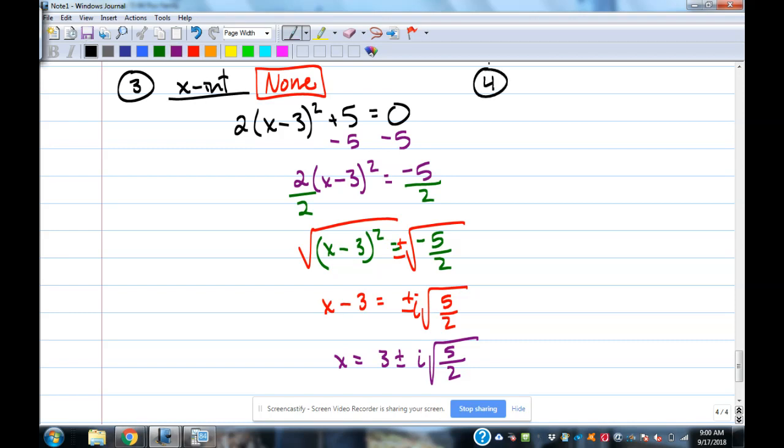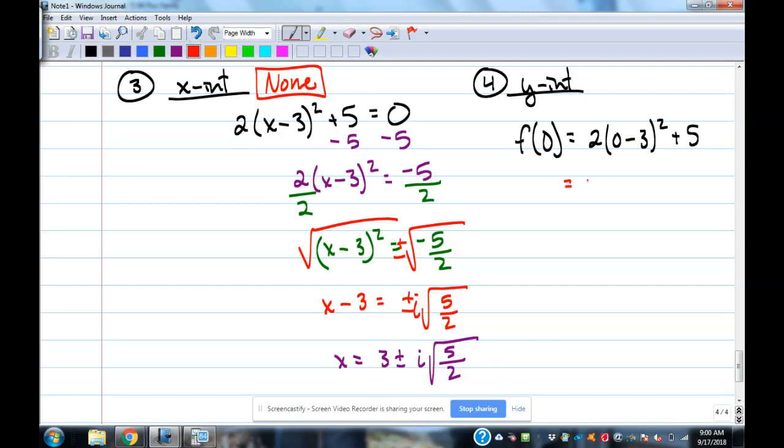Now let's get the y-intercept. Y-intercept, what do we plug in? 0. So 2 parentheses 0 minus 3 squared plus 5. Let's work that out.